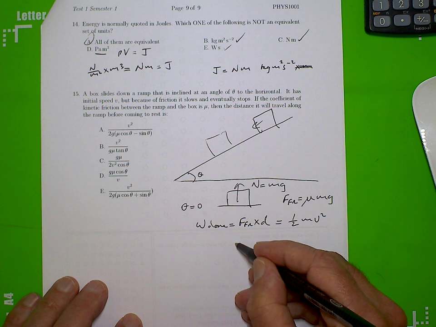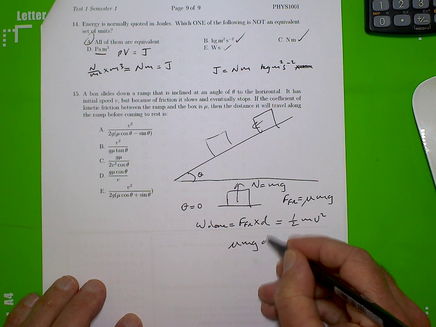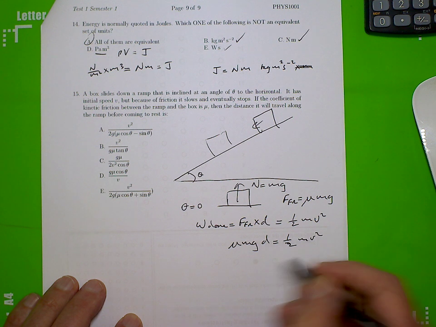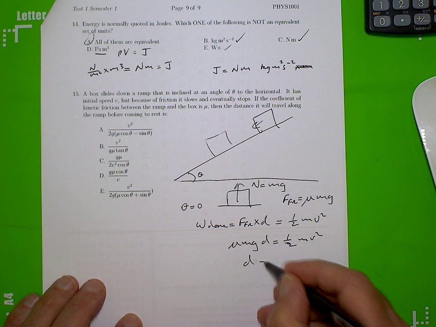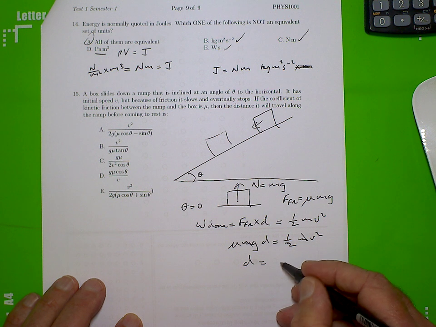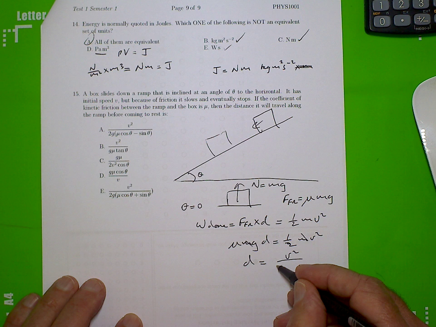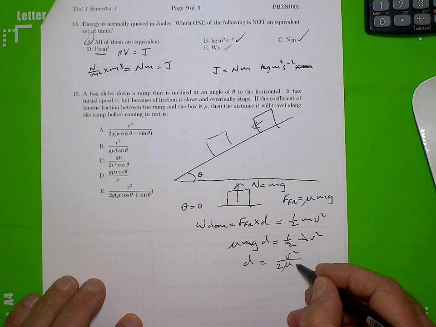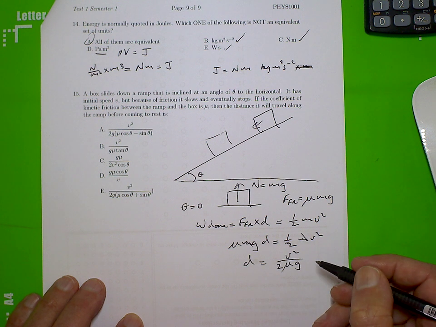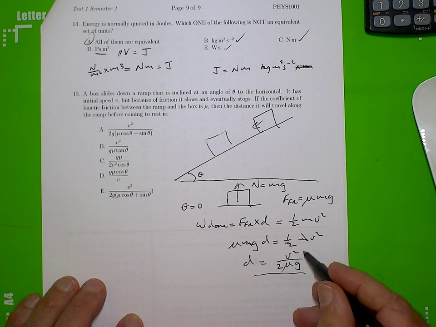So we have mu mg times d equals a half mv squared. So the distance is equal to, the masses cancel out, v squared over 2 mu g.